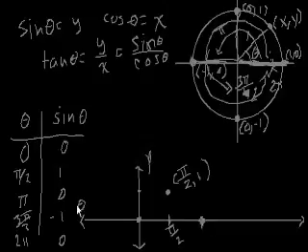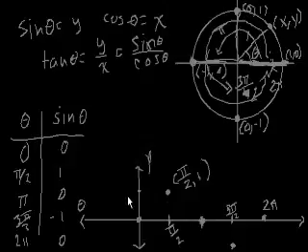So this is the point pi, comma 0. And when theta equaled 3 pi over 2, let me write that, 3 pi over 2, what was sine of theta? It equaled negative 1. Interesting. And then when we got to theta equal to 2 pi, sine of theta again equals 0. So we know that these points are on the graph of sine of theta.